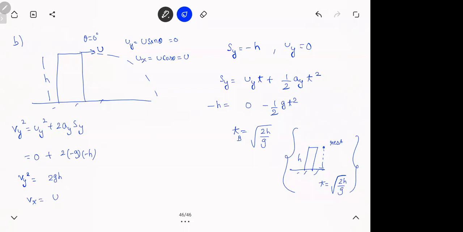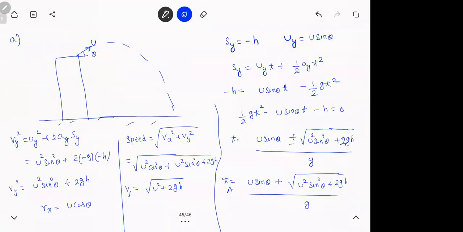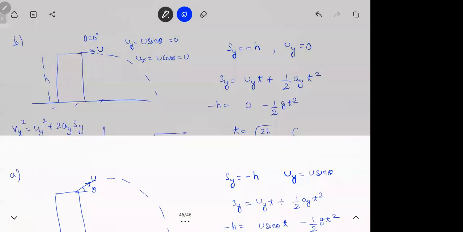Vx is u. Speed will be root over Vx square plus Vy square. That's your speed. And if you observe, you got the same value actually: u square plus 2gh, u square plus 2gh. The time was different though.